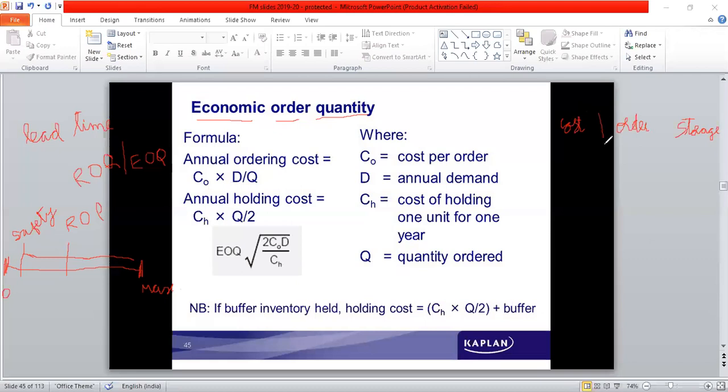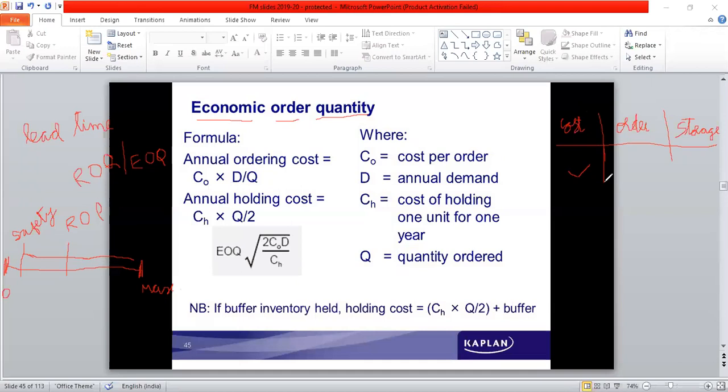So there are three different types of costs. First is how many units are required annually. That is the total amount of material which is purchased, which is the cost of material. In any case, whether it is purchased one time, two times, or any n number of times, this is the cost of material which will be incurred.